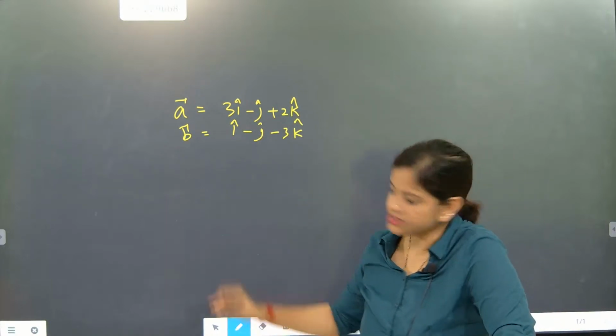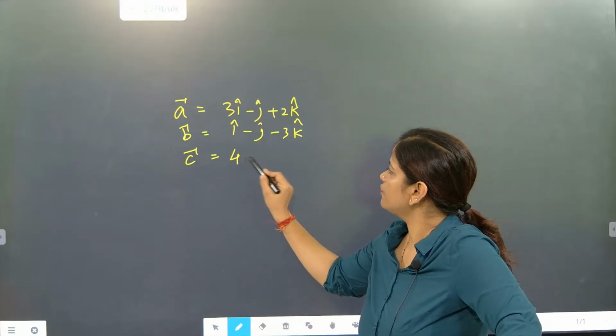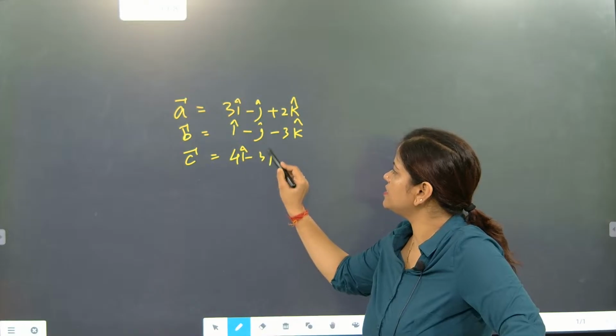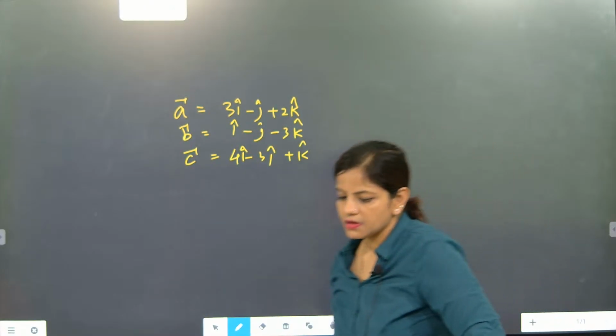And C part will be written as 4I minus 3j plus k. Got it?